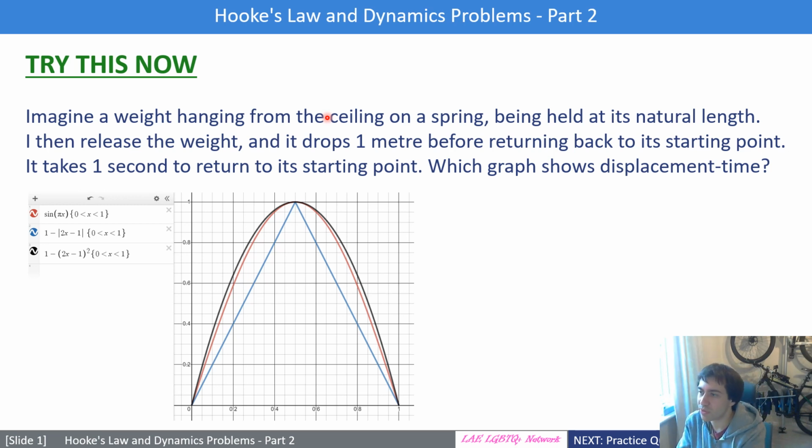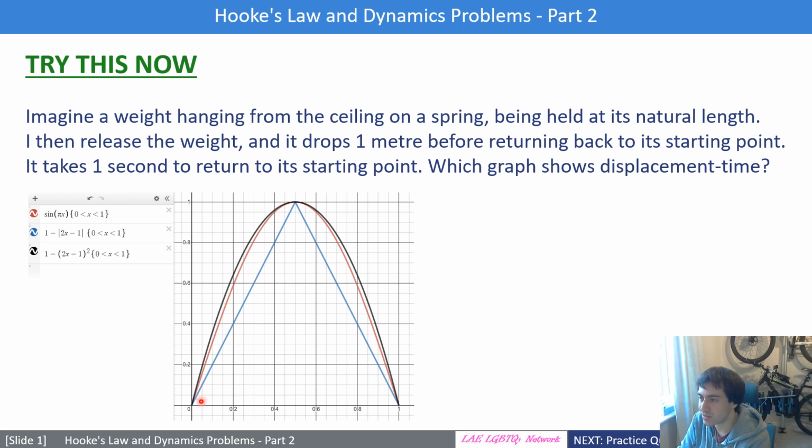And what's shown in this graph is 3 attempts at modeling this motion. As I've said in the text itself, the object drops 1 meter, then it comes back up again, back to where it started. It'll still keep moving, it'll then have to go up and then back down, but let's just focus on a snapshot of the motion.